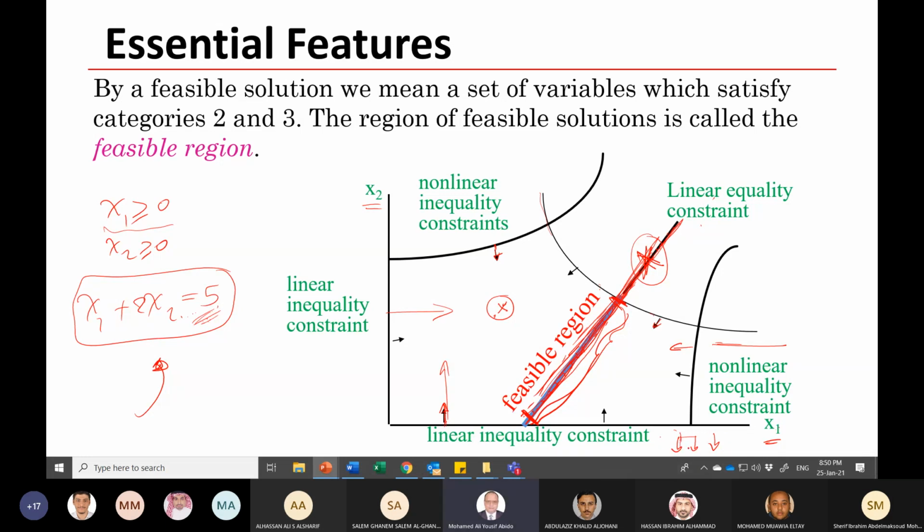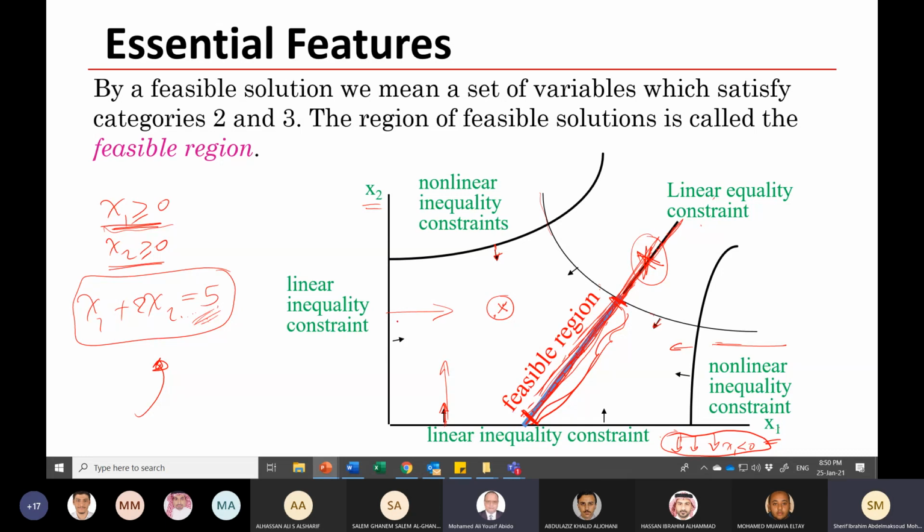Down here, x1 is less than 0. Am I right or not? Yes, you are right, Sadiq? Yes, doctor. So x1 is less than 0 here, so this region is infeasible. It doesn't satisfy x1 greater than 0.